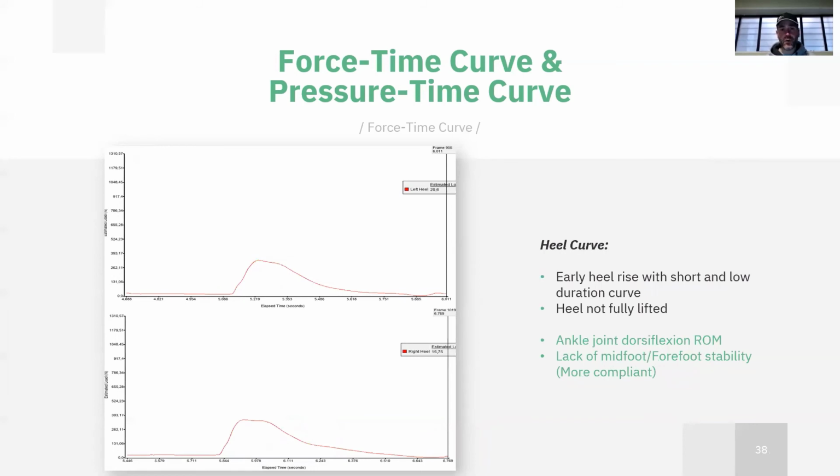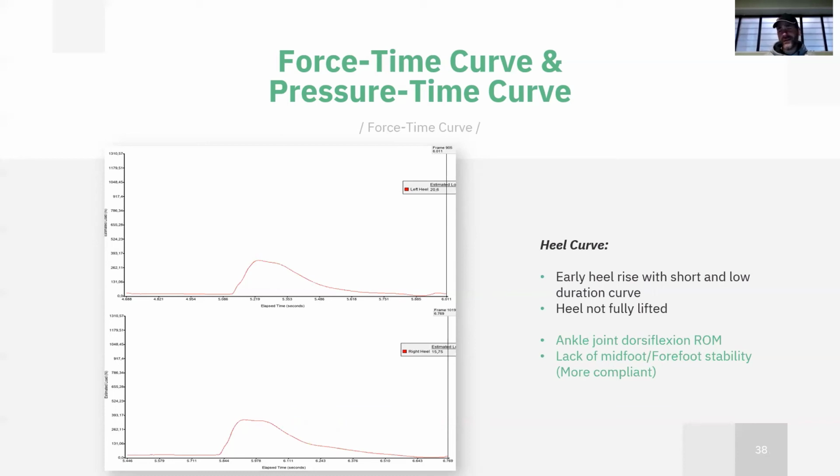This is a heel curve. We have the left heel on the top and the right heel below. When looking at this curve, we can identify an early heel rise, especially when we have a short and low duration curve.